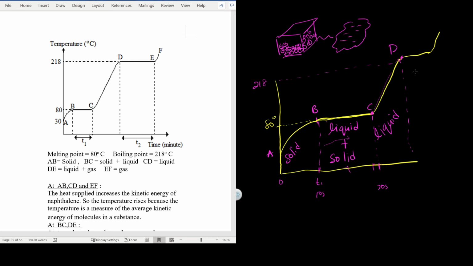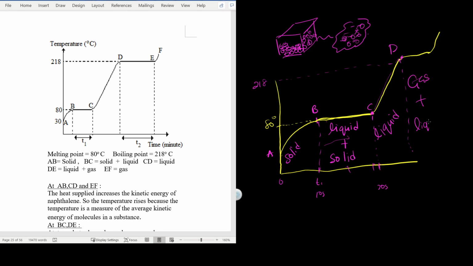Some of the atoms or molecules inside this liquid will gain enough energy to become gases, but some of them are still liquid.